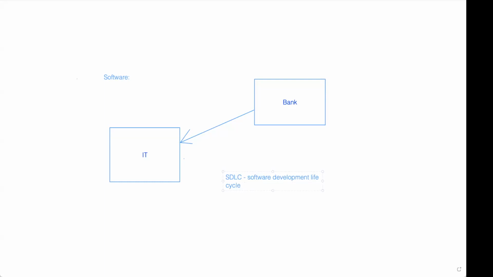In this process, the software will go through certain stages. In the SDLC, we go through the first level, the second level, and so on. What are the levels? The first level is the requirements level. The second is the designing level.